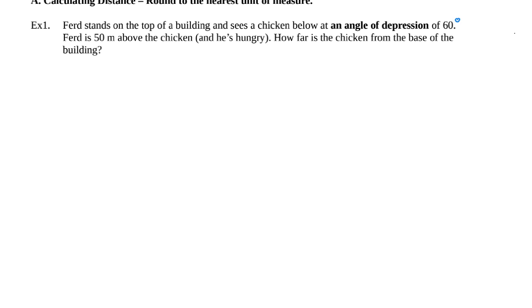Ferd is 50 meters above the chicken, and he's hungry. How far is the chicken from the base of the building? In order to do these kinds of questions, we have to start by, one, creating a diagram, and then two, we're going to solve the problem using SOH CAH TOA.